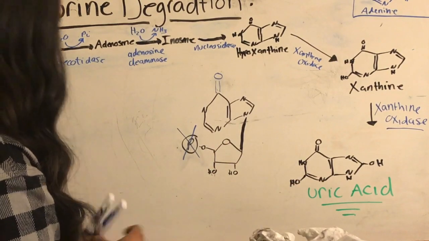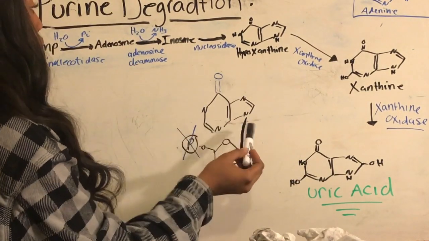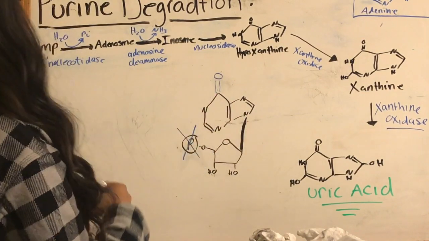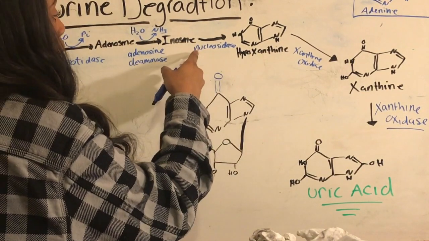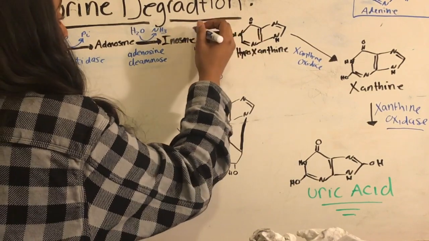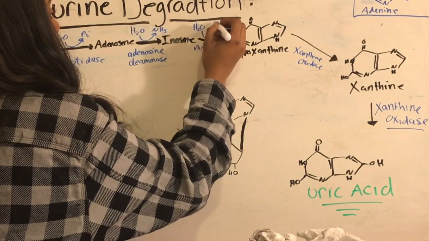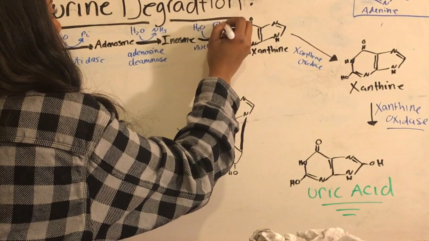So now we have inosine, and to remove the sugar, we're going to use the enzyme called nucleosidase. This is also hydrolyzed to relieve us of ribose.